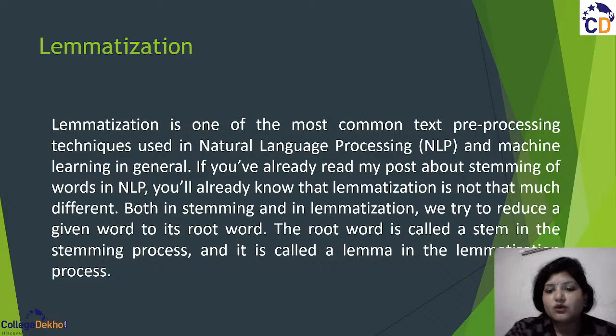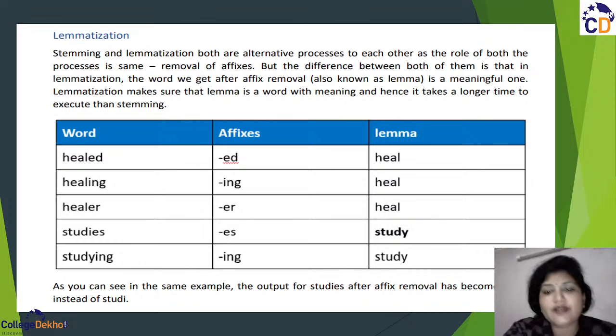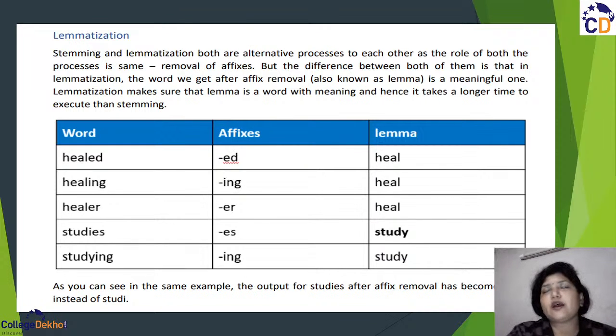So the root word is called a stem in the stemming process. The root word or the base word is called a lemma in lemmatization. Let us understand both. I have given an example of how we get a lemma, and in later slides we will study how we get the words in stemming also. Because when you are studying natural language processing, both processes are very important.